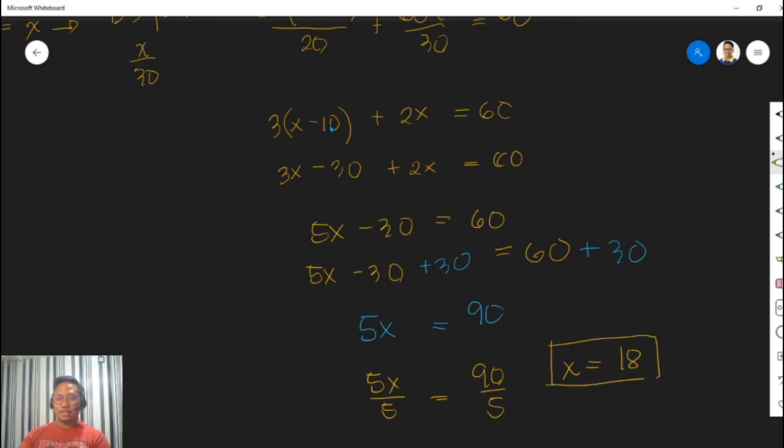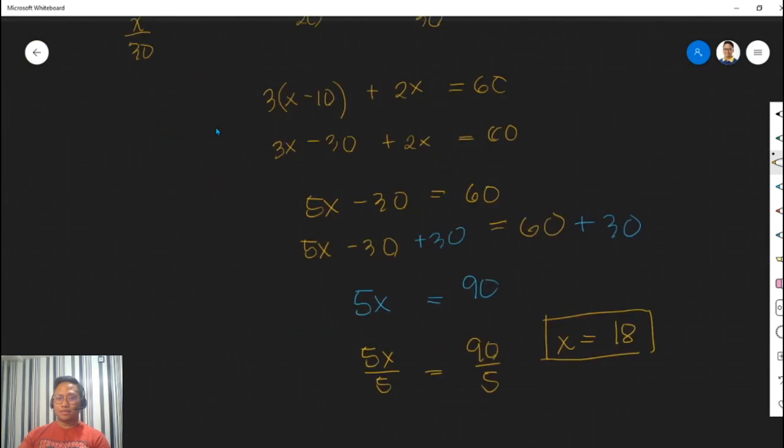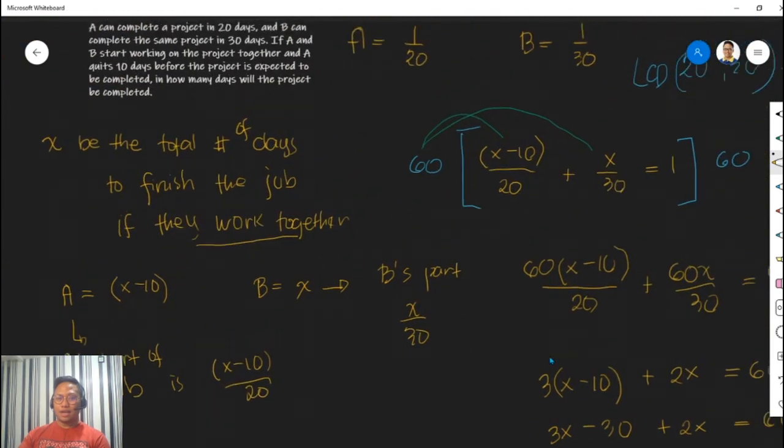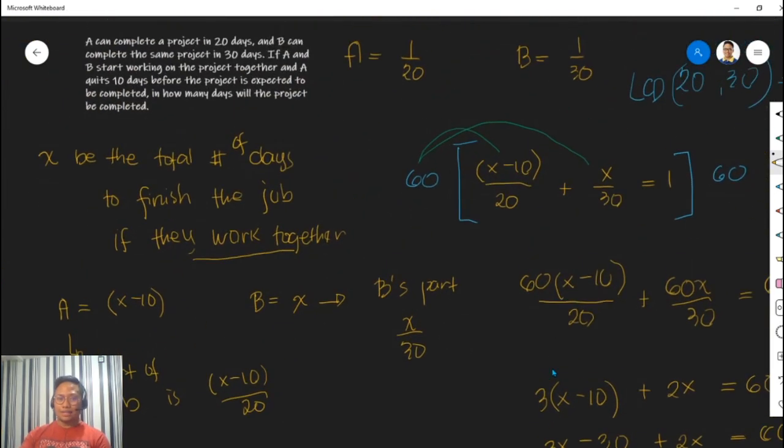This means it'll take 18 days for the project to be completed, provided that A quits 10 days before the project is expected to be completed.